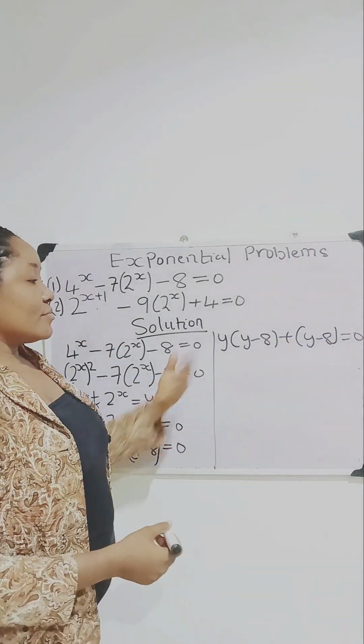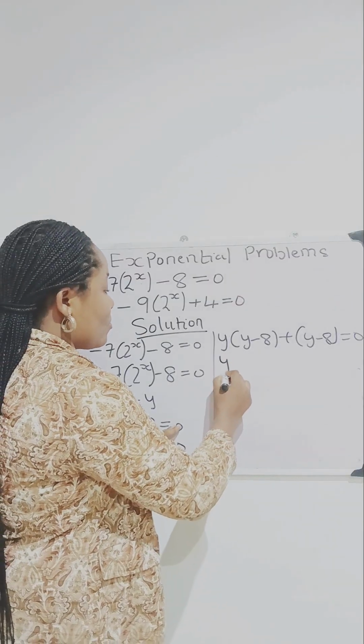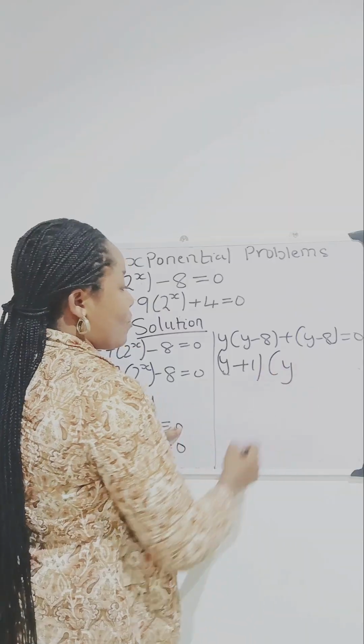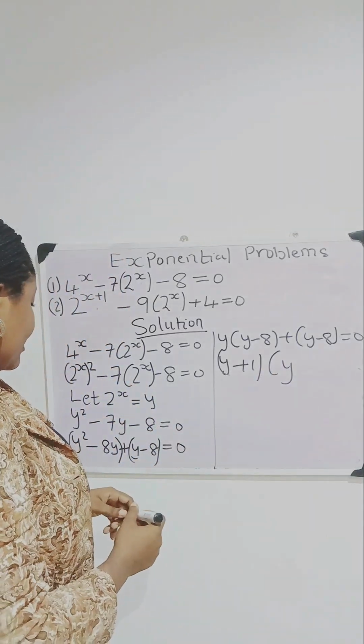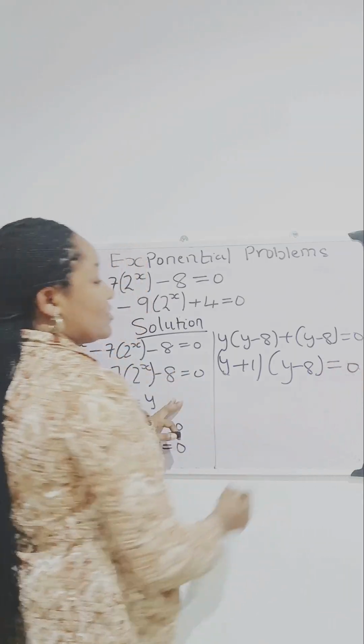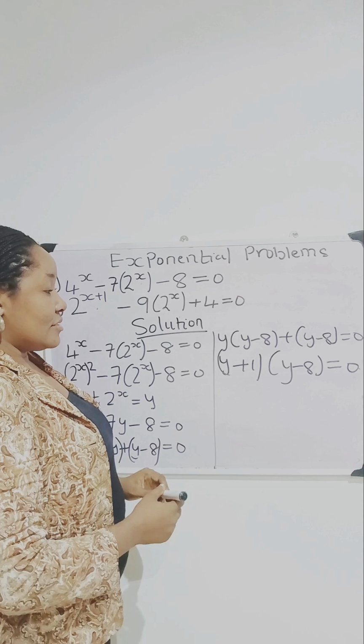So what do we do? We do this: y plus 1 into y minus 8 is equal to 0, because when you expand this, you get this.